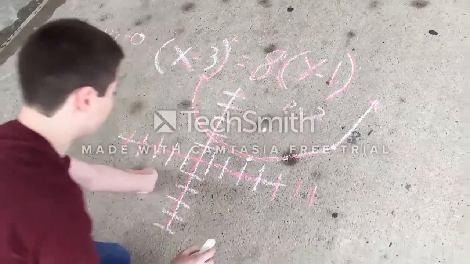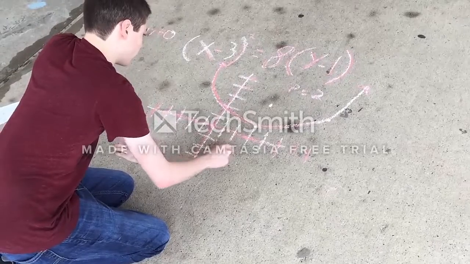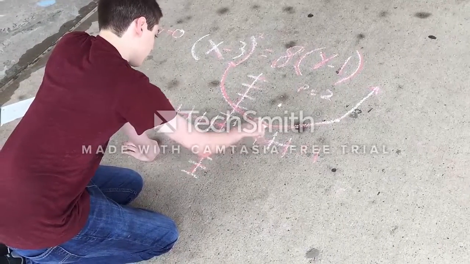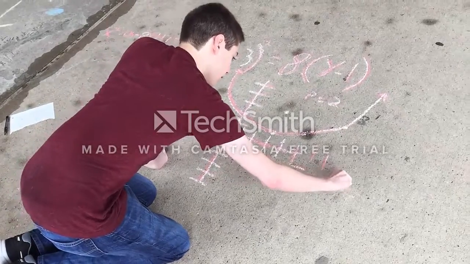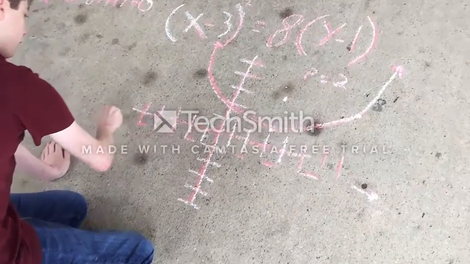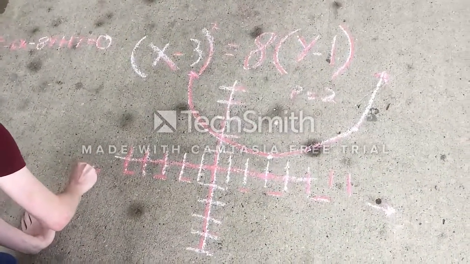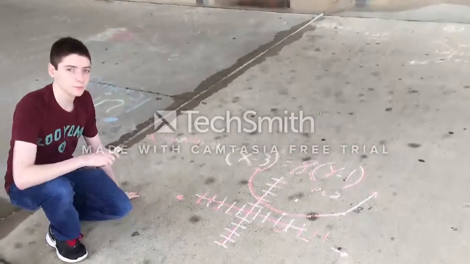The directrix for this is going to be 2 down, since that's what p was. So 1, 2, and then just draw a dashed line. And that's how you graph the parabola in standard form.